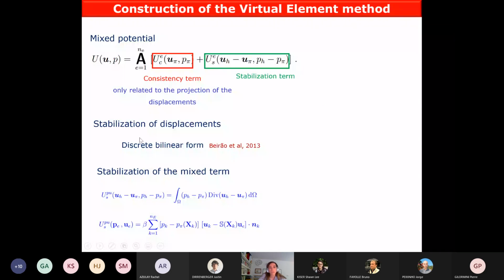For the stabilization of the displacement, we adopt a discrete bilinear form, as we have done for the compressible case, while for the pressure, we adopt a stabilization that is a mixed stabilization. Also for this, I don't have time to go into detail.